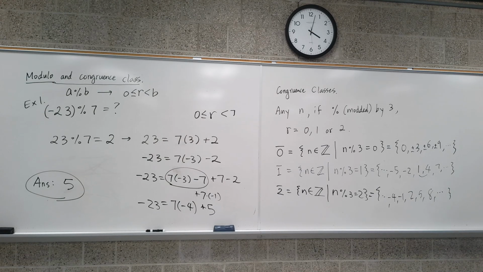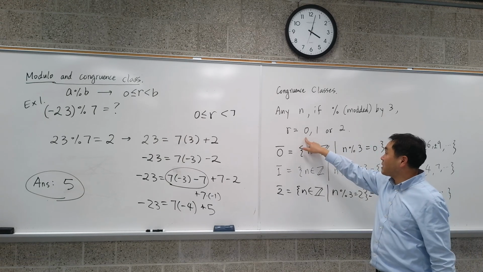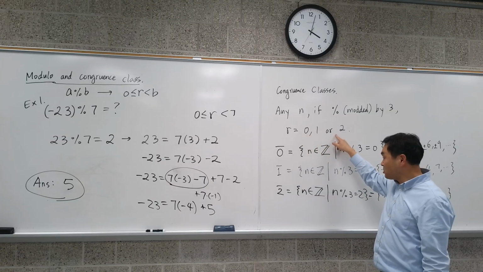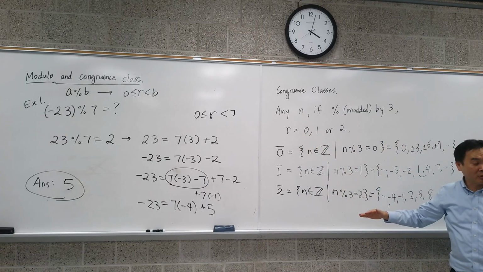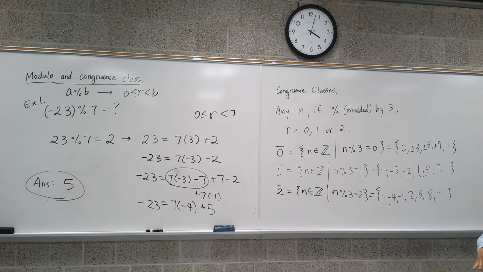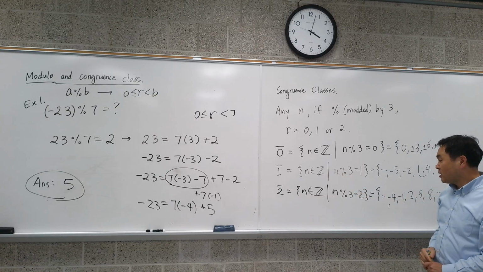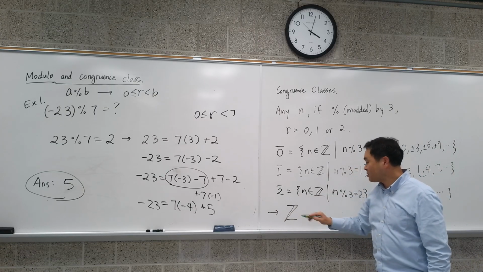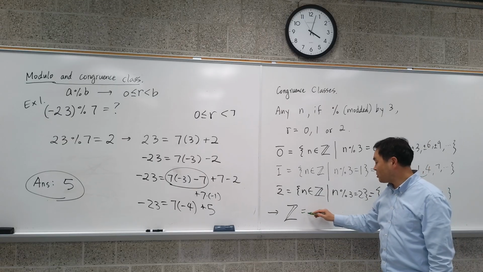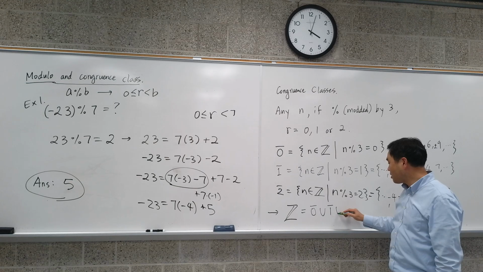And because any number, if you divide by 3, the remainder would be one of these 3, you know that every number should belong to one of the 3 classes, okay? And there's no overlap. You can't have a single number that belongs to both sets. So what this shows is that the entire set of integers can be written as a union of these three congruence classes.